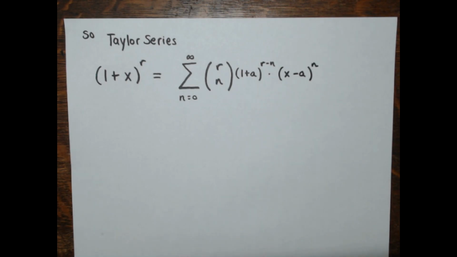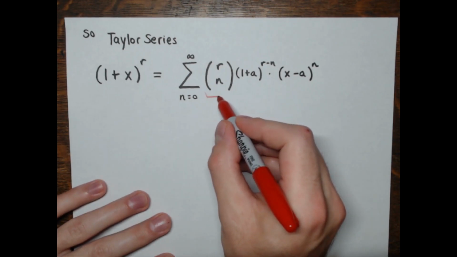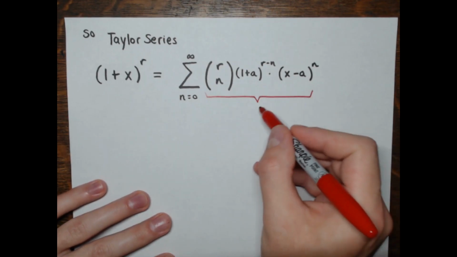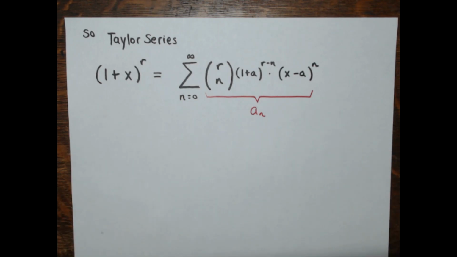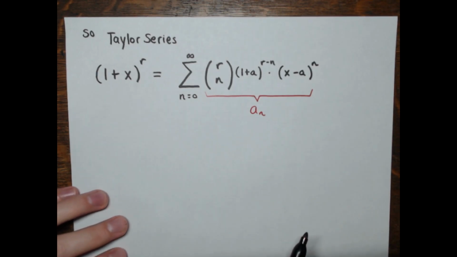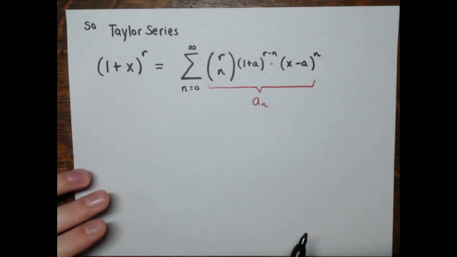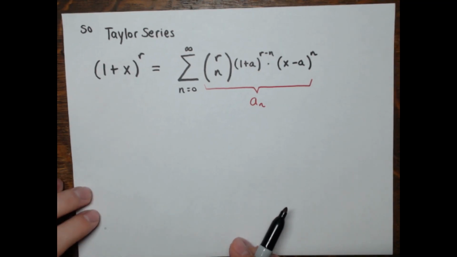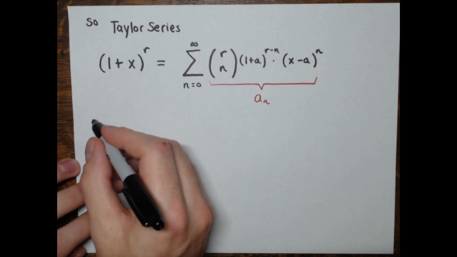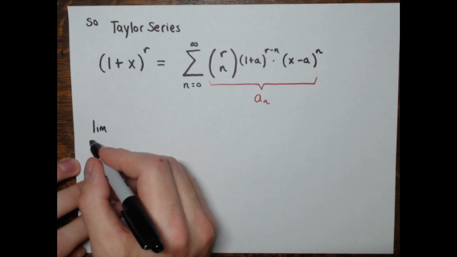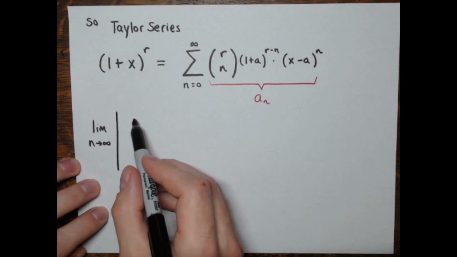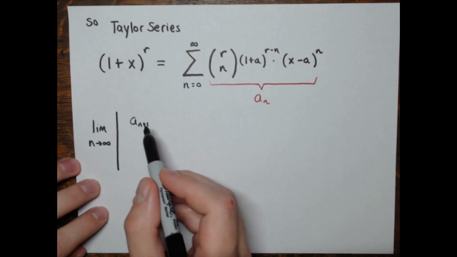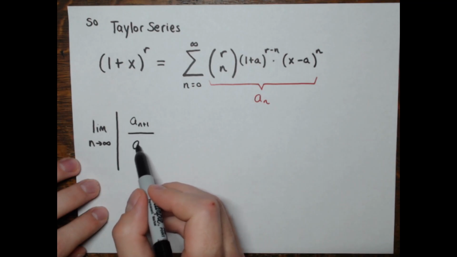Now, if I consider this expression as a sub n, a sequence of terms we're adding up, then I would also like to determine our interval of convergence and radius of convergence. So we're taking the limit as n goes to infinity of the absolute value of the ratio, a sub n plus 1 divided by a sub n.